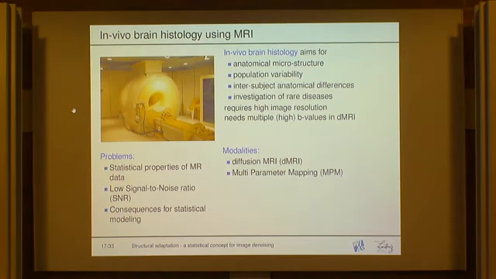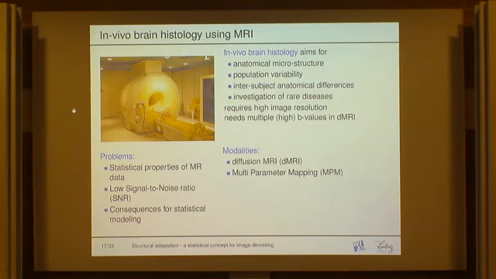Okay, what we are really interested in at the moment is in vivo brain histology using MR. And here, what we aim for is anatomical microstructure, and then look at population variability, inter-subject anatomical differences, investigation of rare diseases.